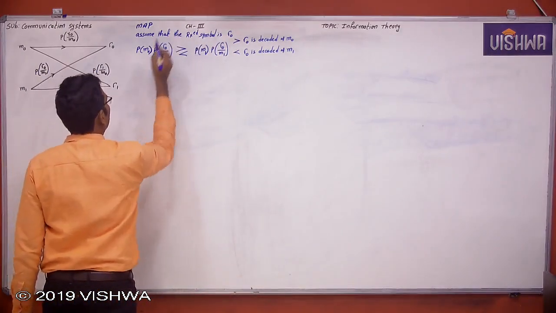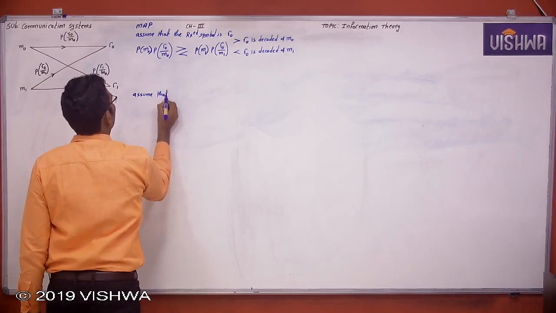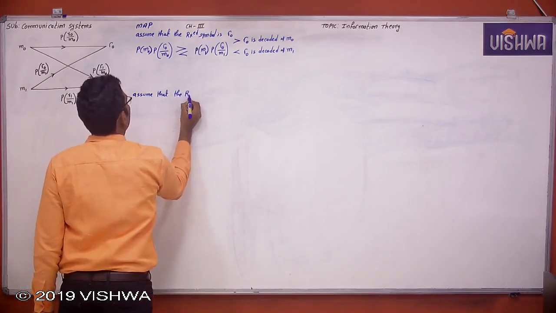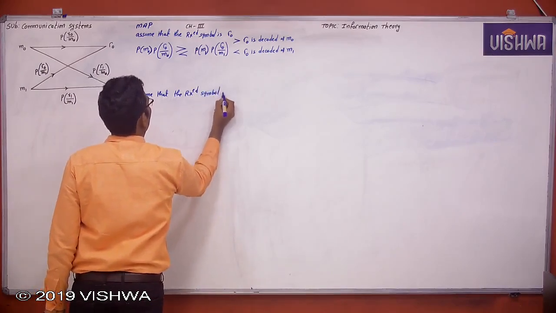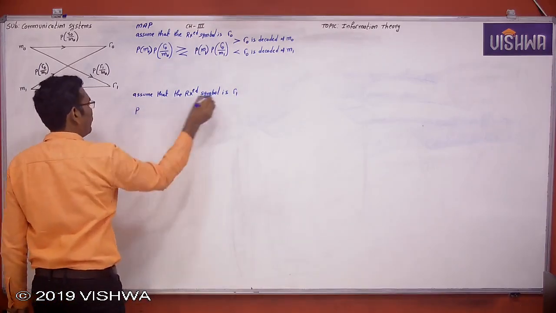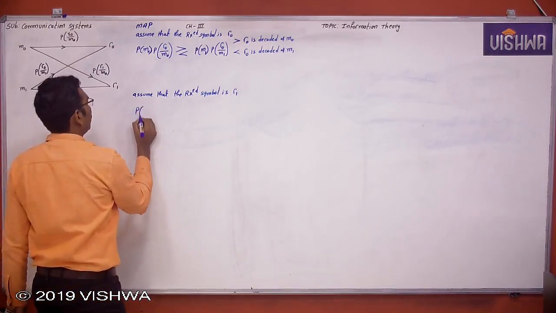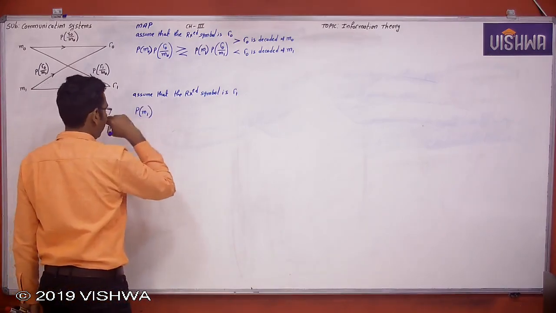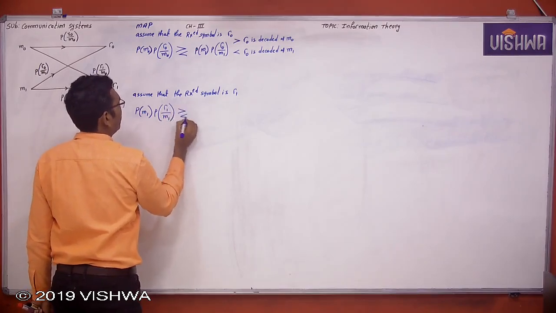Now the condition for the second one is, assume that the received symbol is R1. So this R1 is coming because of M1. First you write that, okay? P of M1, probability of the transmitted symbol is M1, and probability of the received symbol is R1 when the transmitted symbol is M1, greater than or less than.